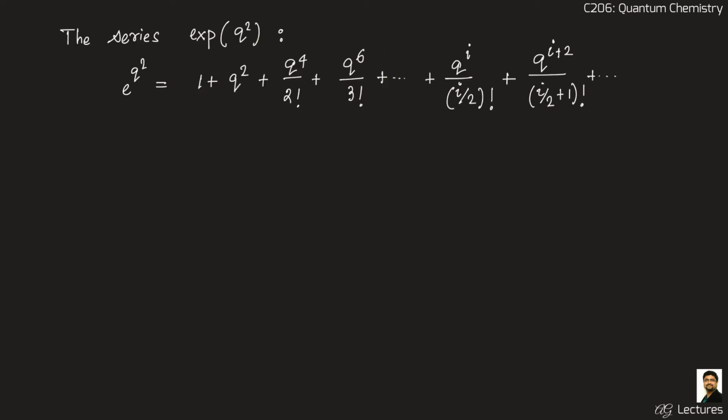So let us talk about the series e to the power q square, given by this infinite Taylor series expansion where the ith term is this and the (i+2)th term is this. So 1 over (i/2) factorial is our a_i and 1 over ((i+2)/2) factorial is our a_(i+2).